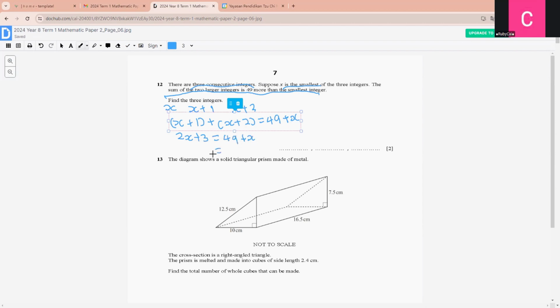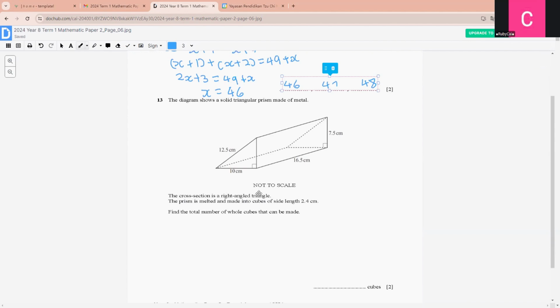And using this, we can find that x equals 46. So now we know what x is, we can find the second and third integer. So the first one is 46, the second is 47, and the last is 48.